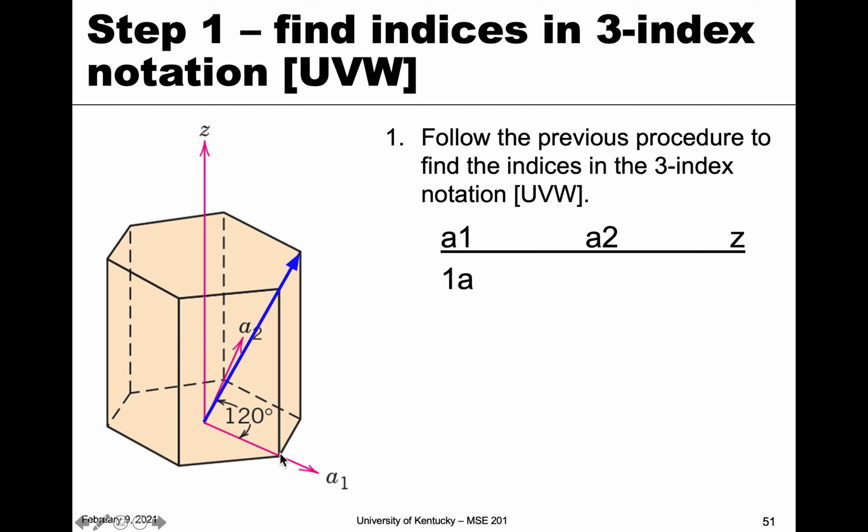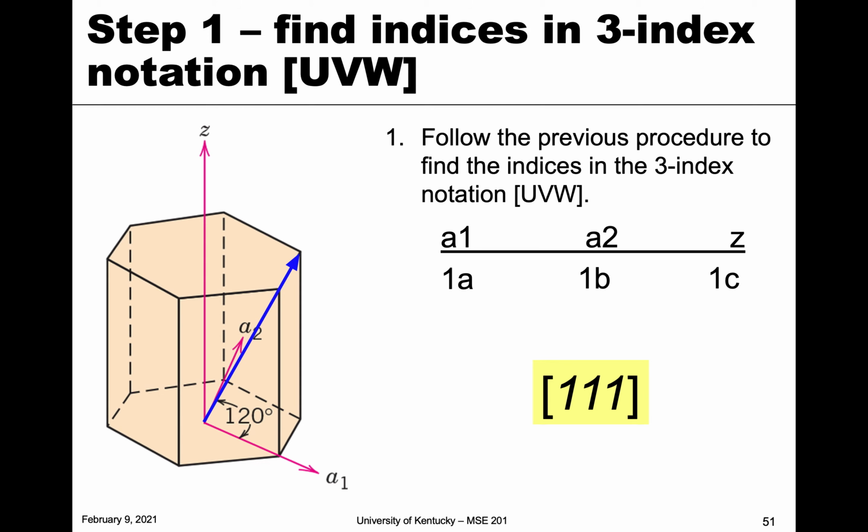And then from there, along the A2 axis, you can see that's running back into the screen, you also go 1 length here. So that's 1B. And then you go 1 unit up to get to this point. So I'm basically just going from the beginning point to the end point to find my projections. And so that's also 1C. So if I wanted to define this in 3 index notation, it's 1, 1, 1.